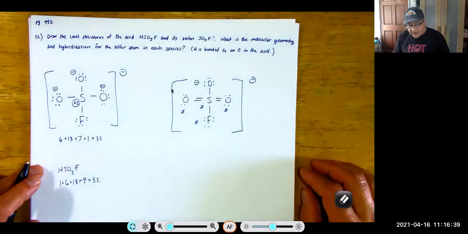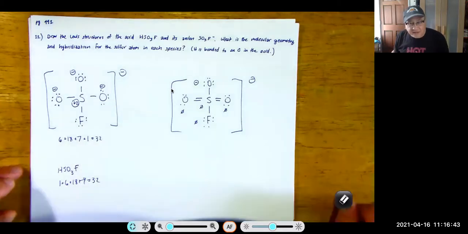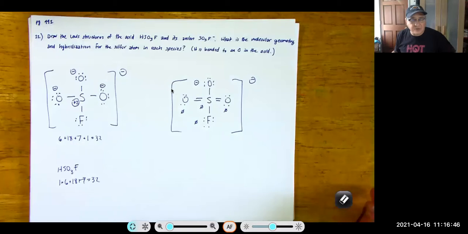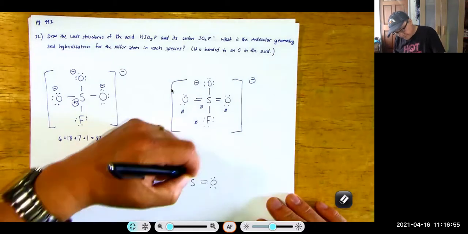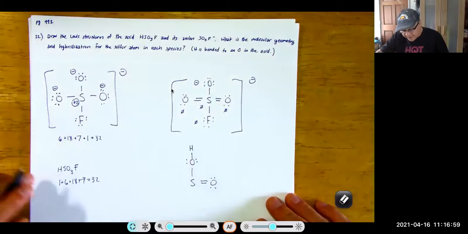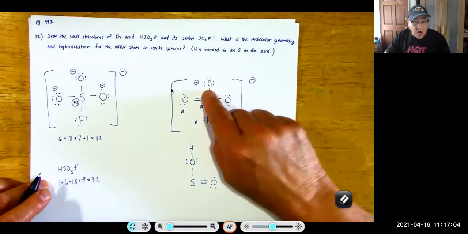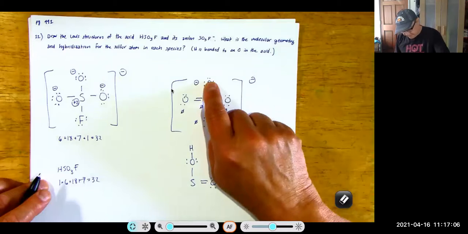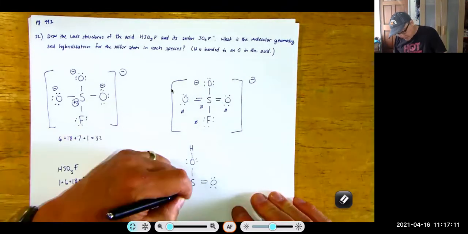Now, what did we say about these types of ions that have oxygen in them and they're acids? What atom does the hydrogen bond to? Oxygen. So doesn't it make sense to do this? Since this already has 32 electrons, I'm just going to make one of these lone pairs into a bond to hydrogen. Why did I bond the hydrogen to that oxygen and not the others?